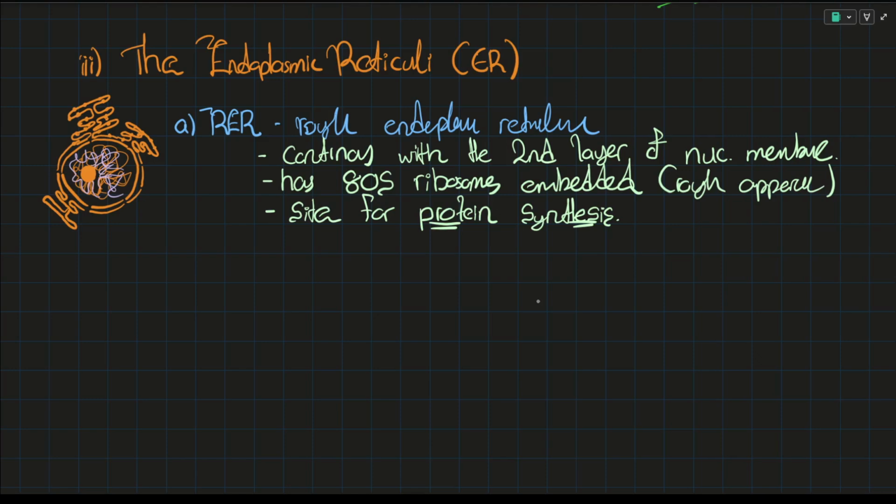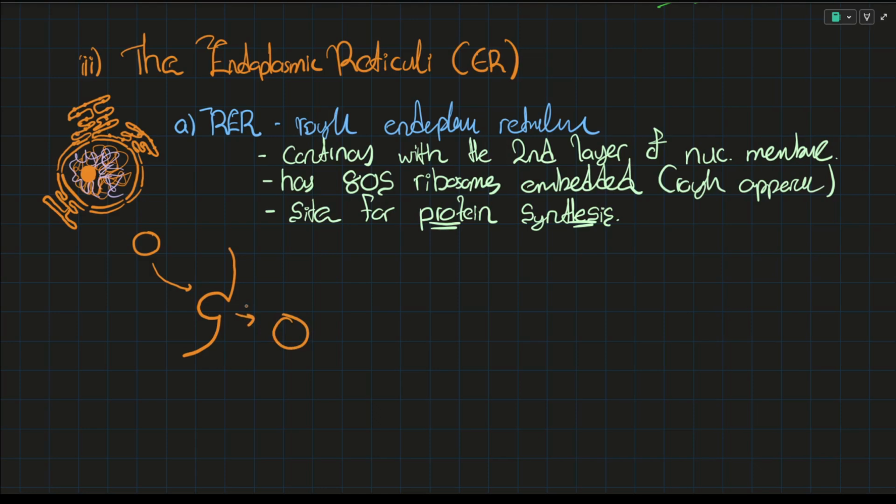Now, the proteins synthesized here can be used outside of the cell or in the cellular membrane. Typically, whatever protein is produced in the endoplasmic reticulum is packaged up into a vesicle, and this vesicle becomes a secretory vesicle, which is going to be secreted outside.